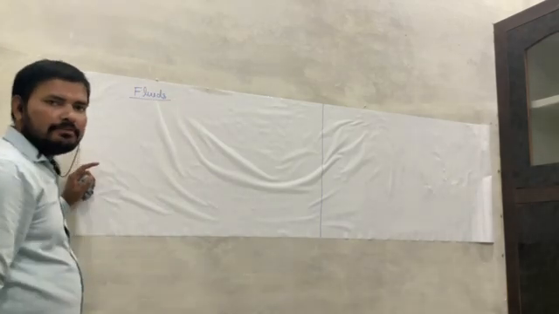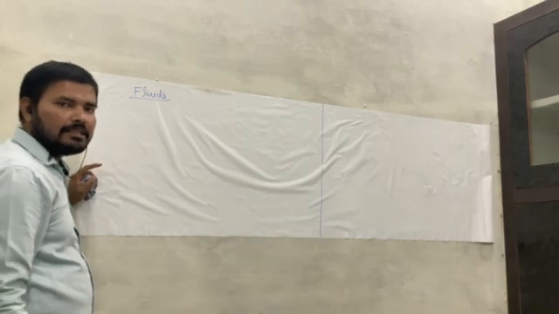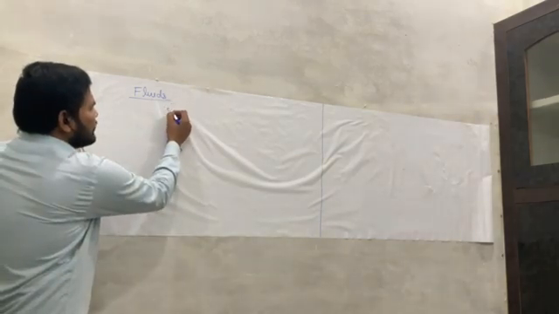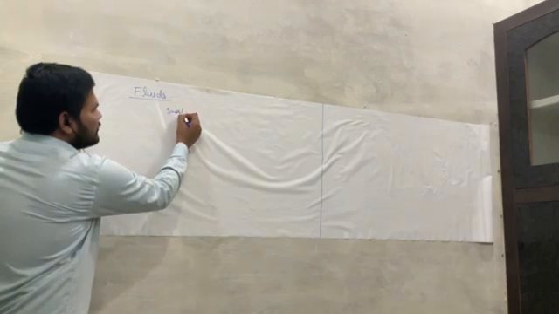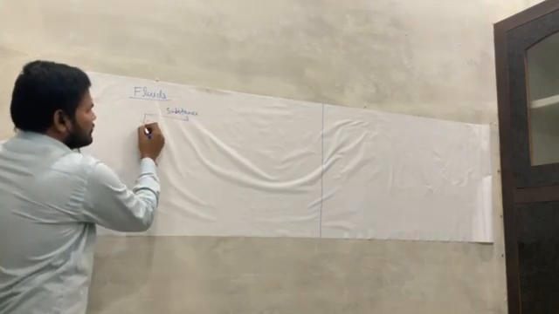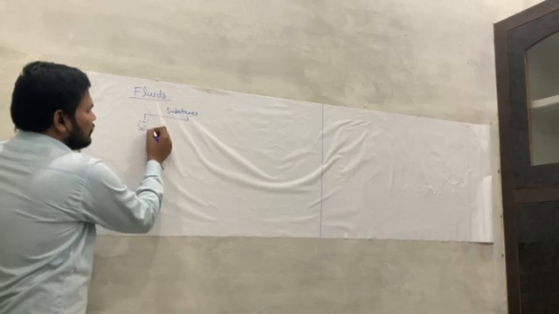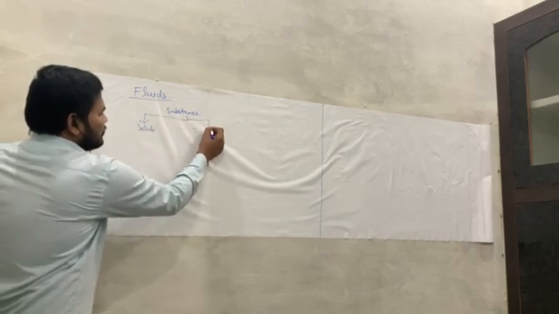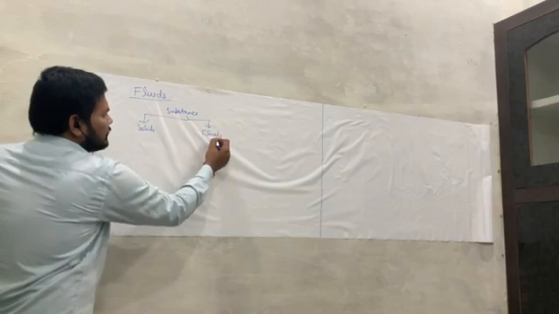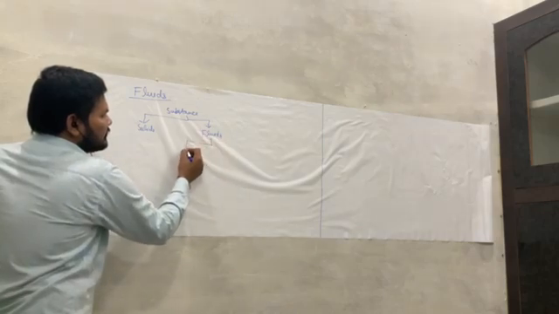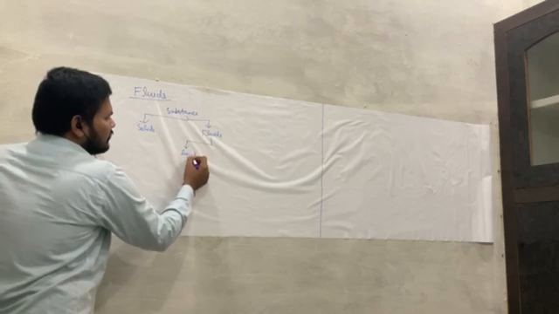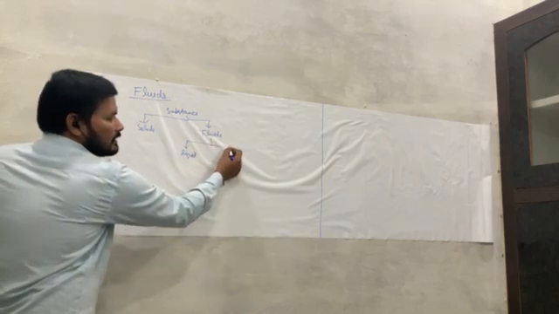Today we will discuss fluids: what are fluids and what are their properties. Substances are divided into two parts: solids and fluids. In fluids, there are two divisions: liquids and gases.